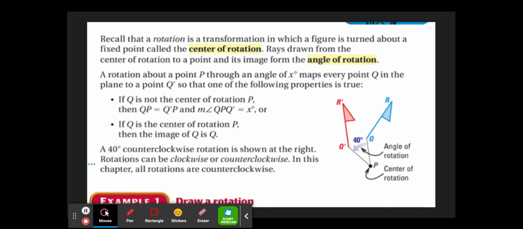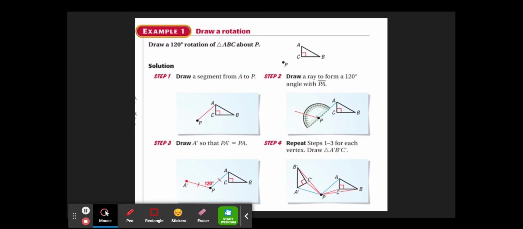And for everything else, if you were to treat the center of rotation as the vertex, then creating the angle from the prime point and the original point, with the vertex being the center of rotation, should be the degree by which you rotated. So this is how we would actually use our protractors to do this.